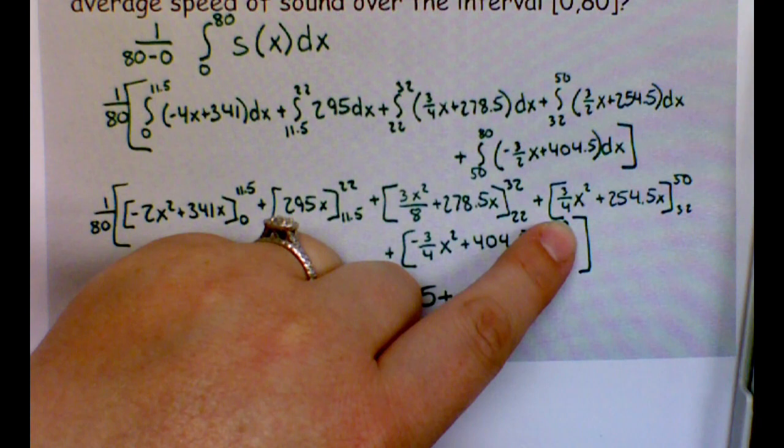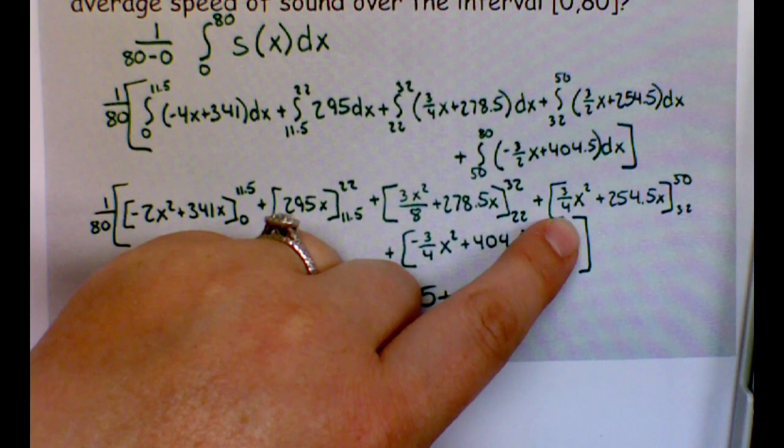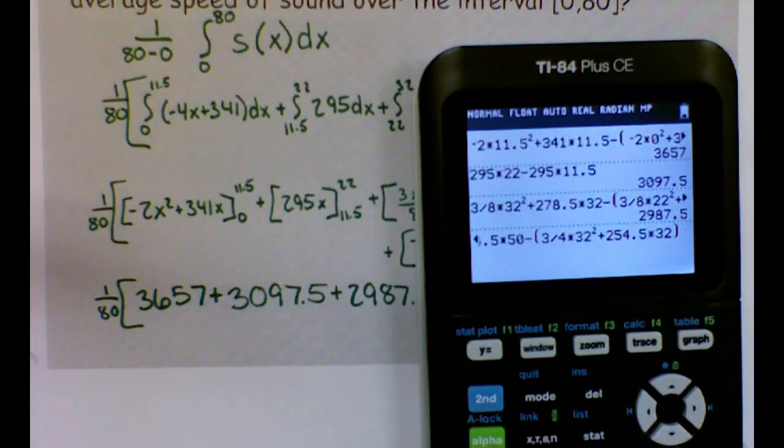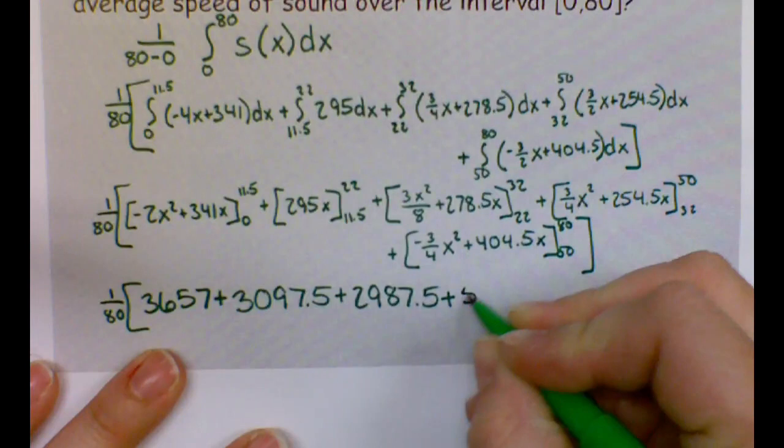I take 3/4 times 50 squared plus 254.5 times 50 minus 3/4 times 32 squared plus 254.5 times 32. Please notice that in that second piece of it, I am definitely putting parentheses around it because I am subtracting the whole thing, which means I would have to distribute the subtraction.